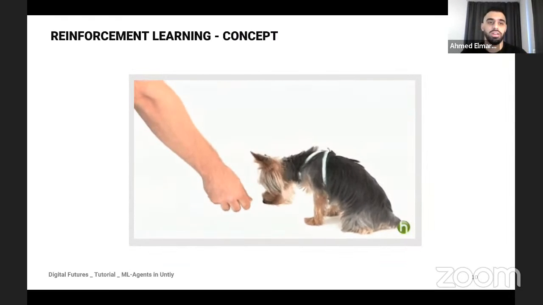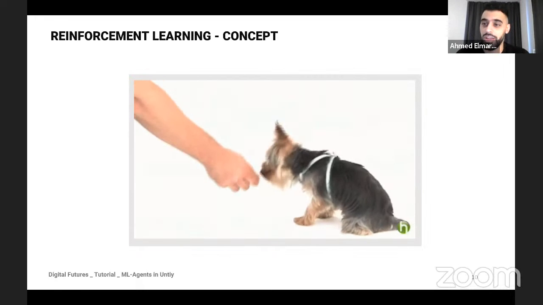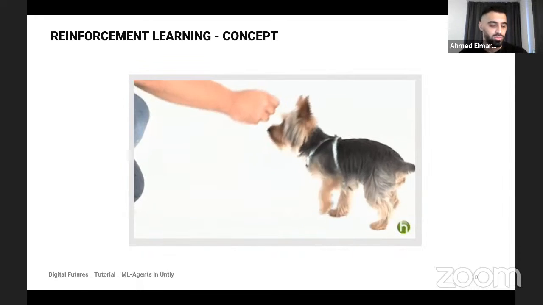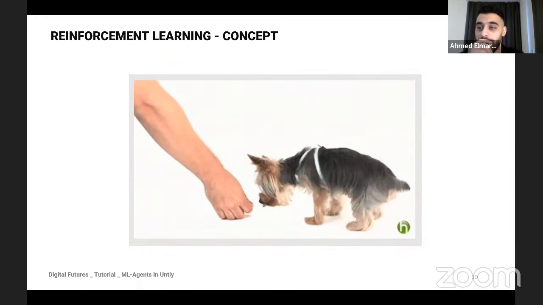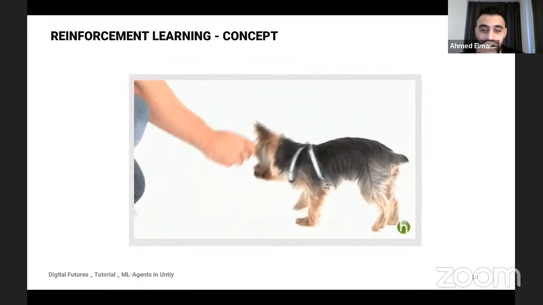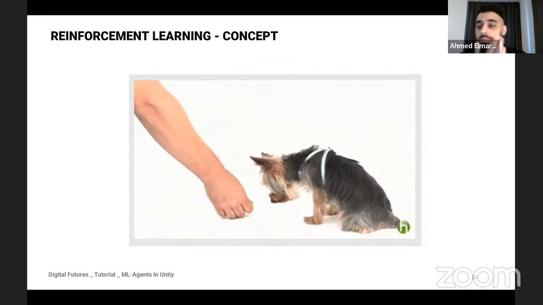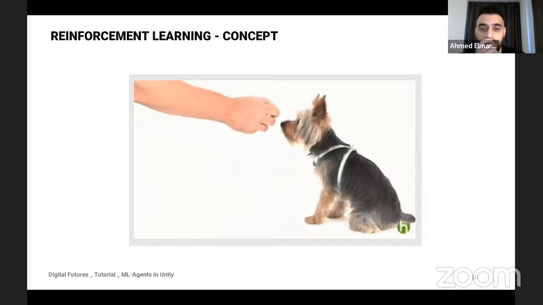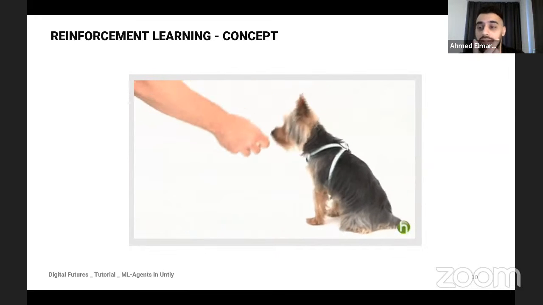So to simplify the concept of reinforcement learning, you can see here a dog. Normally when you train a dog, you cannot train it without giving a reward or a penalty, and here it is the treat. When the dog more or less understands what you intend by your word or your hand movement and does it correctly, you give it a reward.